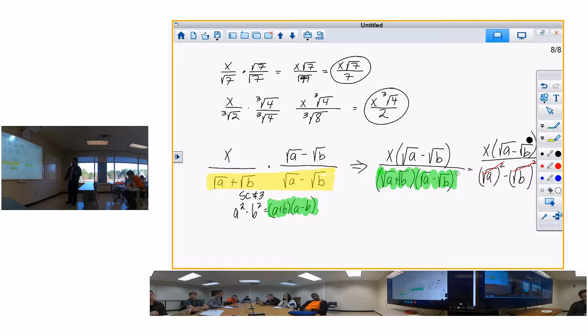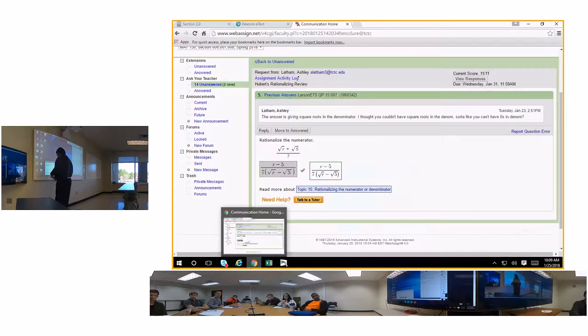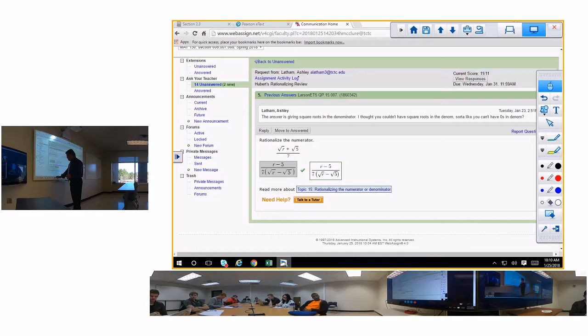All right, so let's go back to the question. There's the question. So what is the conjugate of the square root of r plus the square root of 5? Okay, enunciate and volume. Minus, be minus.